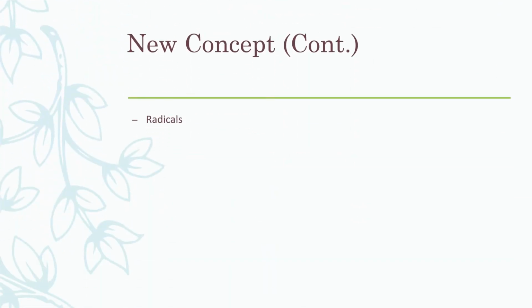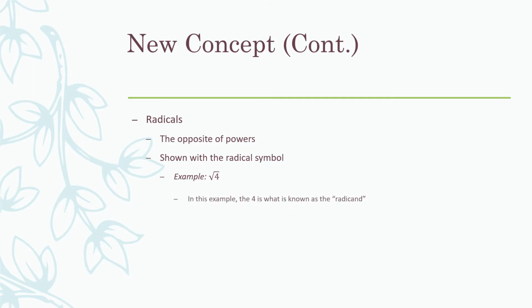Now we're going to talk about radicals. Radicals are the opposite of powers. And we show those with the radical symbol, which we also call the square root symbol. So here's an example, square root of 4. The 4 is known as the radicand. Whatever number is underneath the sign, we call the radicand.